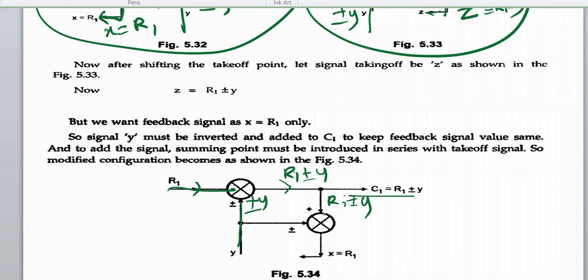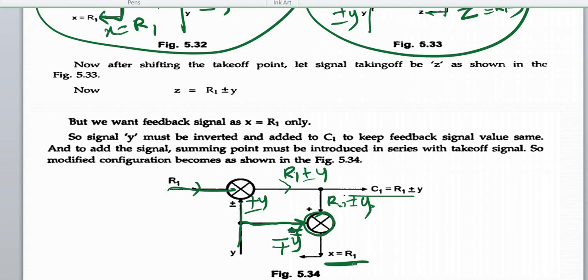So R1 plus or minus y, I will create one additional summing point here, and to that I will give one more signal, which is, instead of plus or minus y, minus or plus y. So R1 plus or minus y, minus or plus y, so x will be R1.